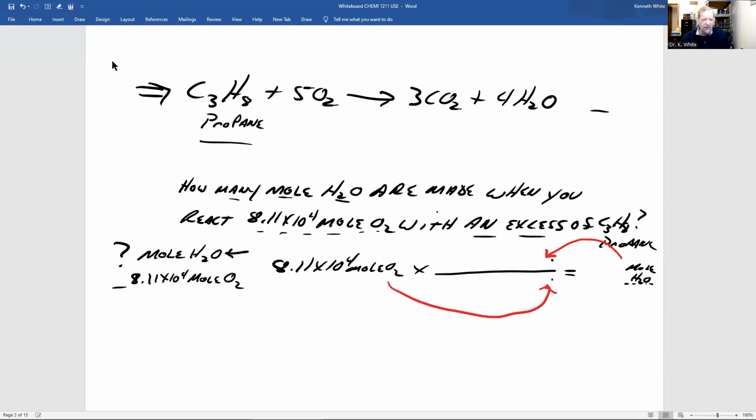Whatever we're trying to get rid of goes underneath. And I'll write those units. So we want a relationship between moles of water and moles of oxygen.